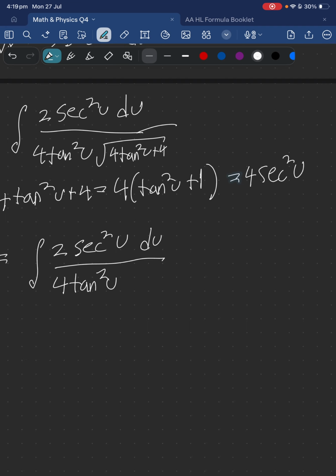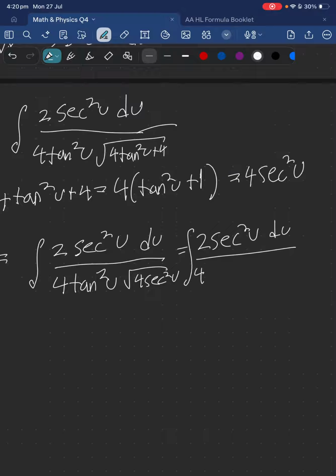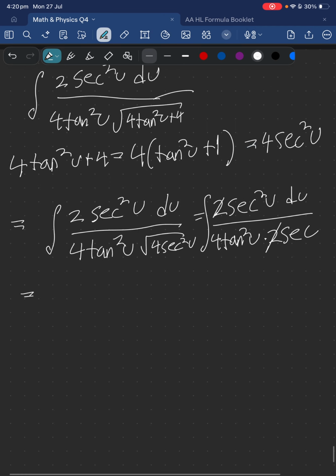So we've got the square root of 4 secant squared u, which simplifies to 2 secant u. Perfect. The 2's will cancel out.